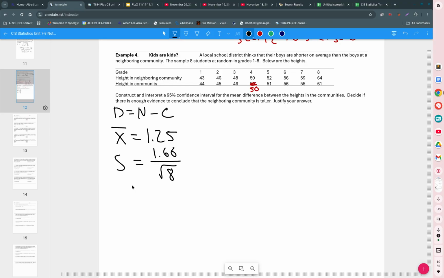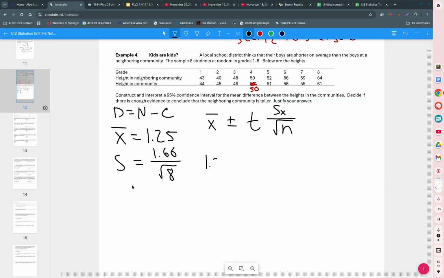Okay. We don't have a known standard deviation of the problem. Our standard deviation is coming from the sample, so we have to use a t-score as opposed to a z-score. And so we have x bar plus or minus the t-score times the standard deviation of the sample divided by the root of n.